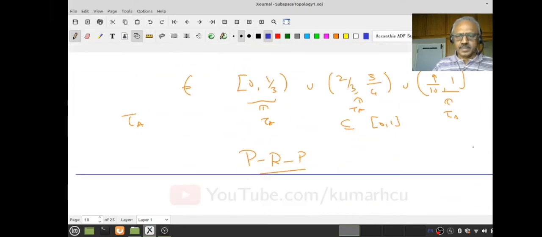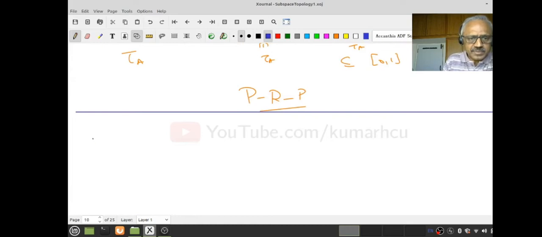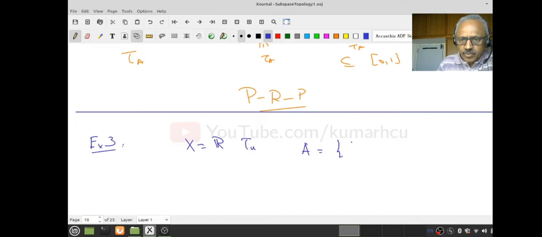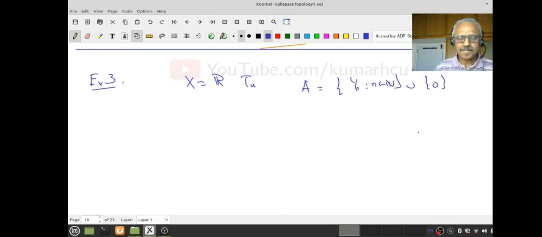Okay, now let's look at example 3. Suppose again my X equals R with the usual topology, and my A equals the set of 1 by n as n varies over the natural numbers, union the singleton 0. Now what is the subspace topology?